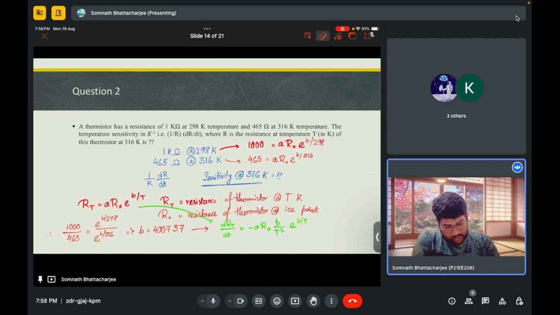By 465. The value is 4107. Yes, that's fine. So from this we'll get the value of 1 by R_T into dR_T/dT. So what will be the value?